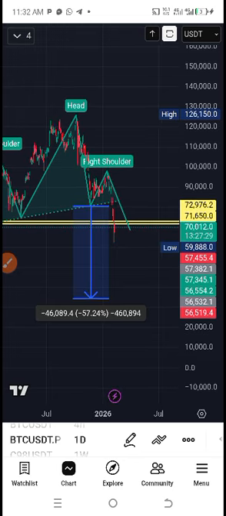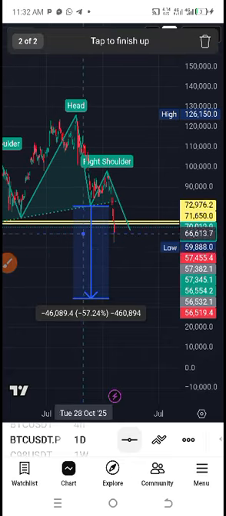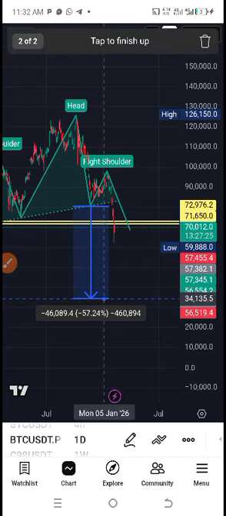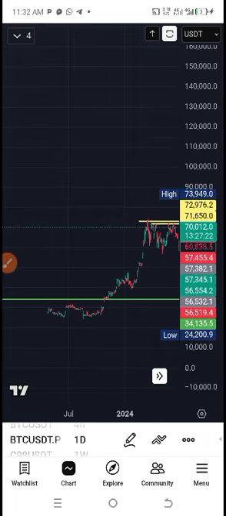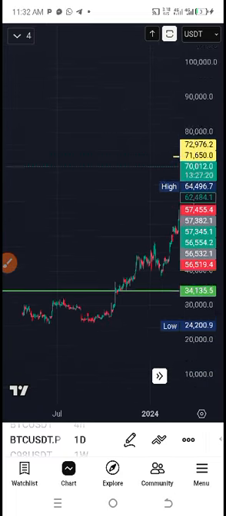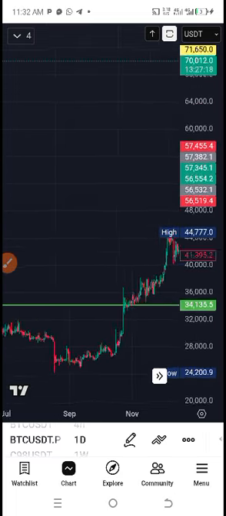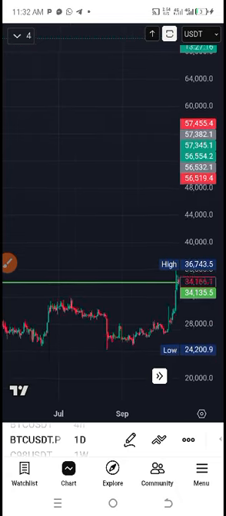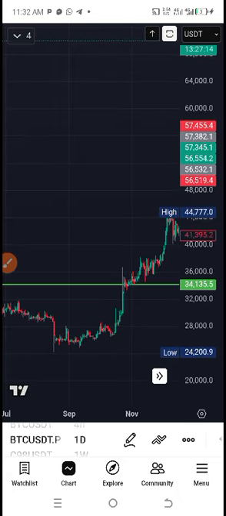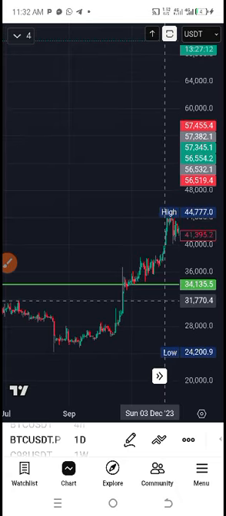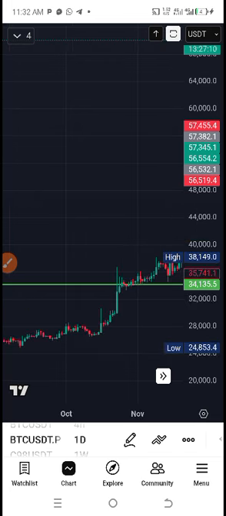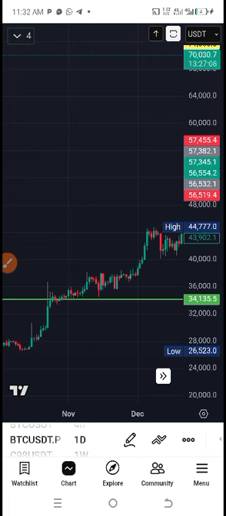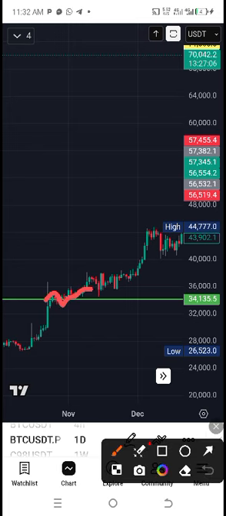Let's put a line here so we can see whether it's close to any support level. Let's see at what range it is. You can see it at this level here. There's a lot of choppiness in this level.